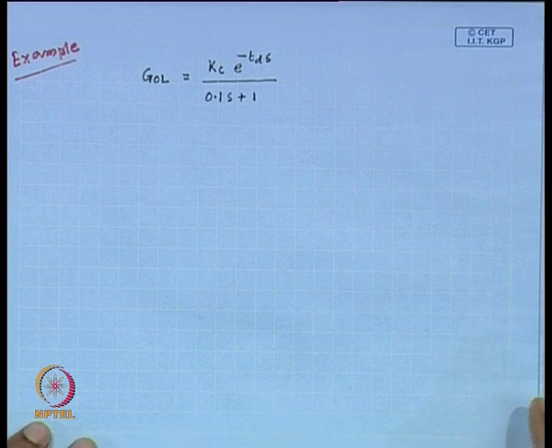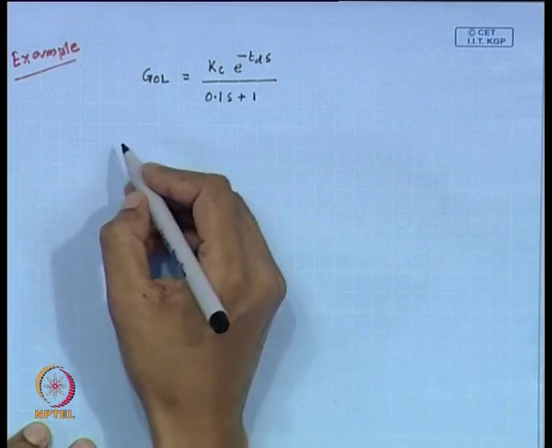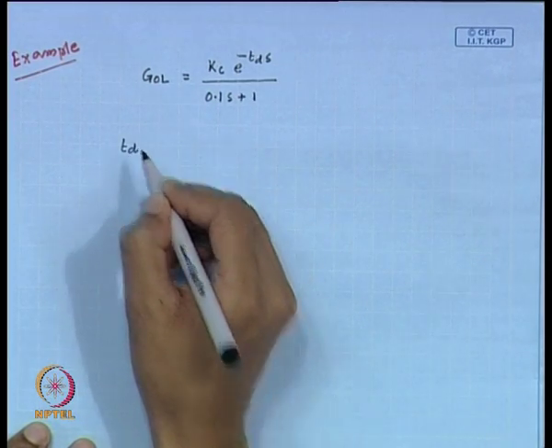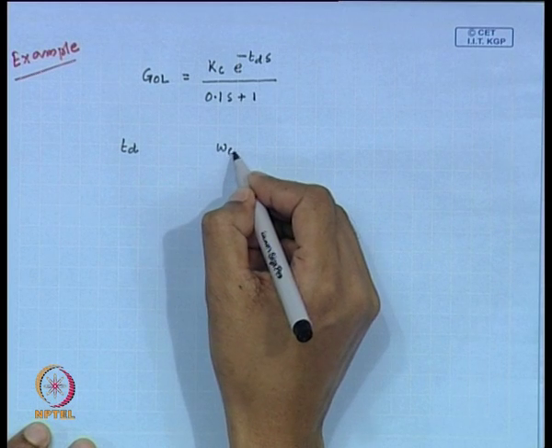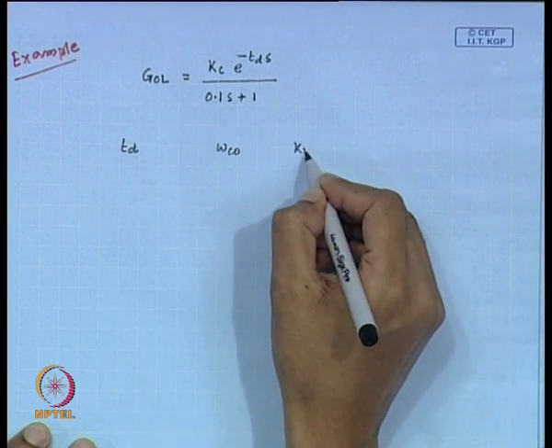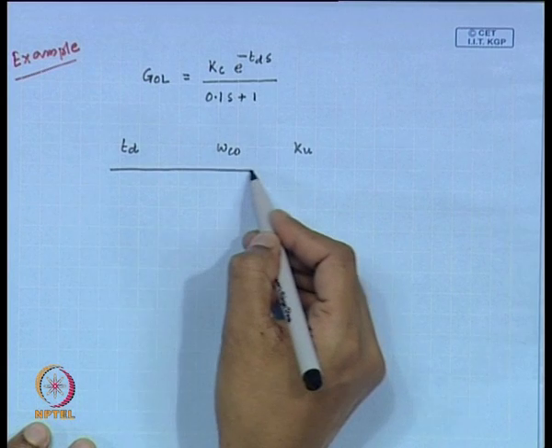Fine. Now, Td, crossover frequency and ultimate gain.